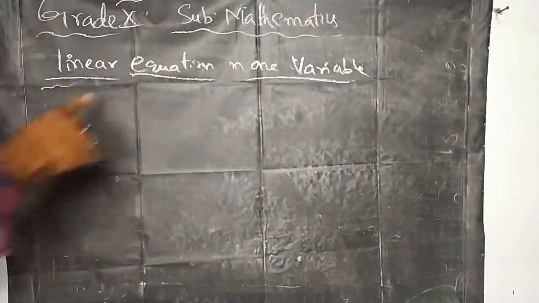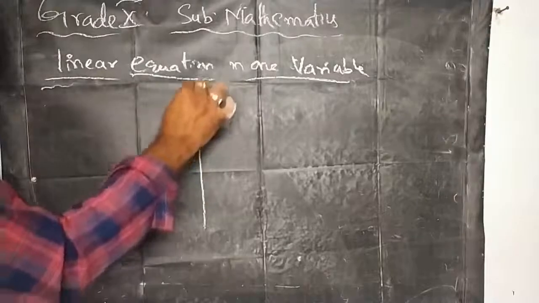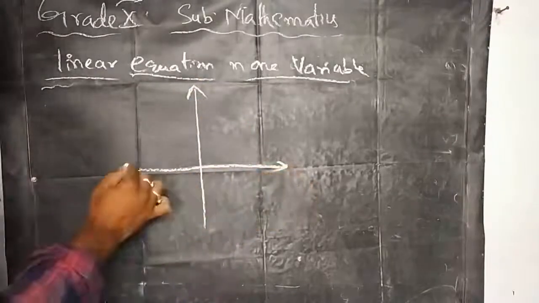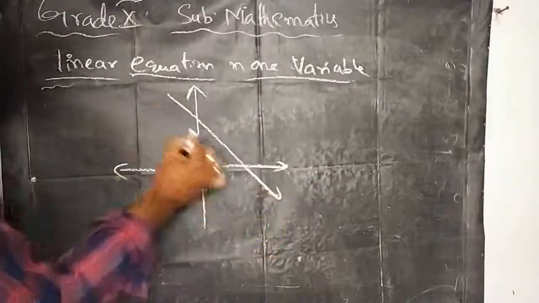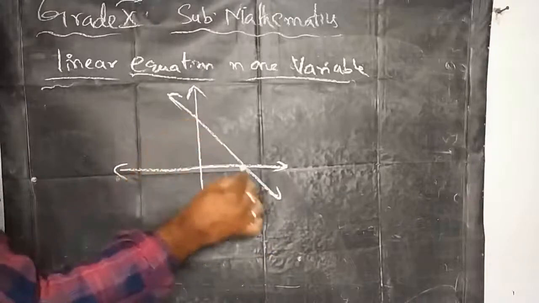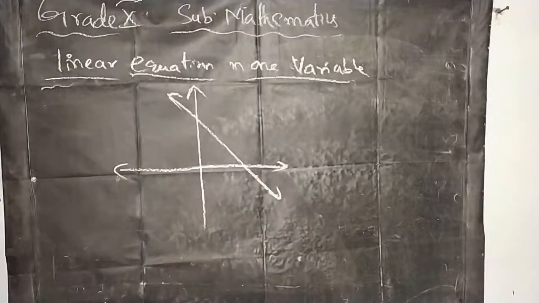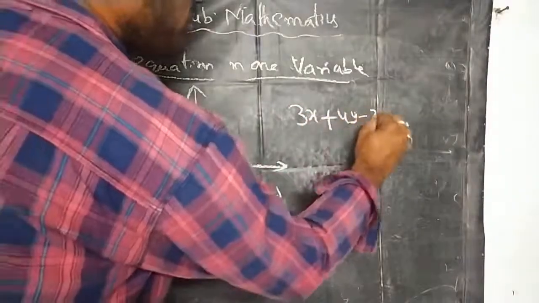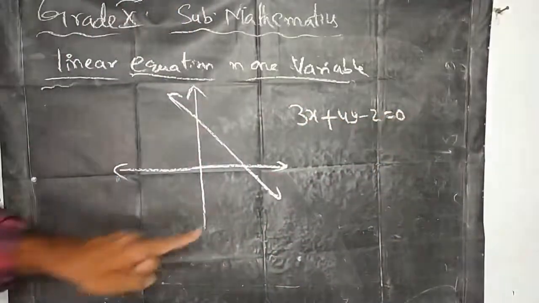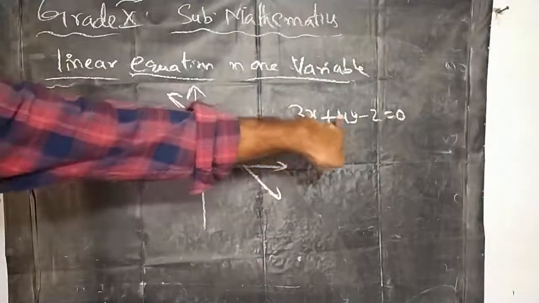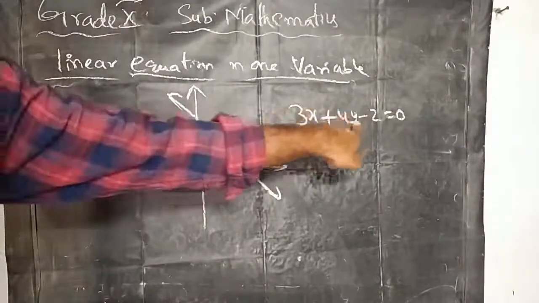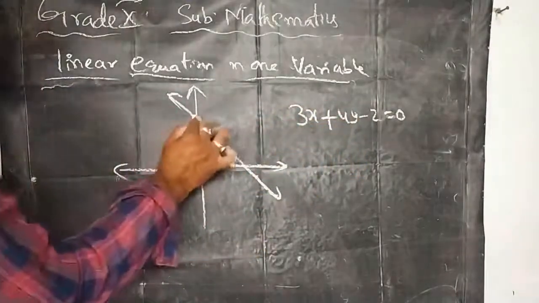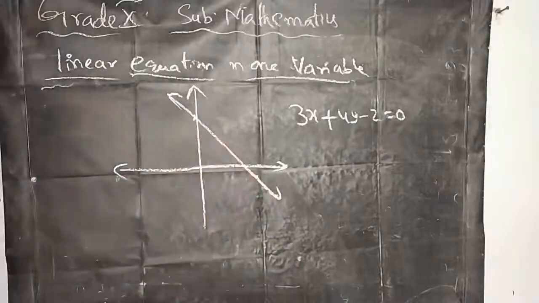We have drawn graphs like this. You might have remembered the graphs. By taking any 2 points, for example, this linear equation 3x plus 4y minus 2 is equals to 0, if x is 2 we get a y value, if x is 3 we get a y value like that. We have taken 2 points, plotted them, and drawn the linear equation.